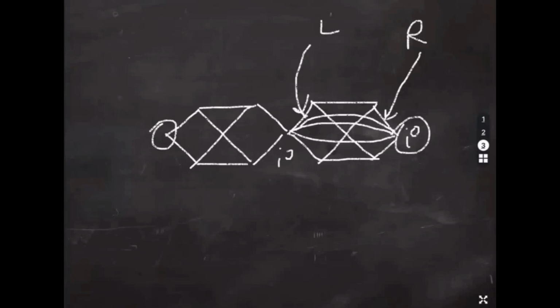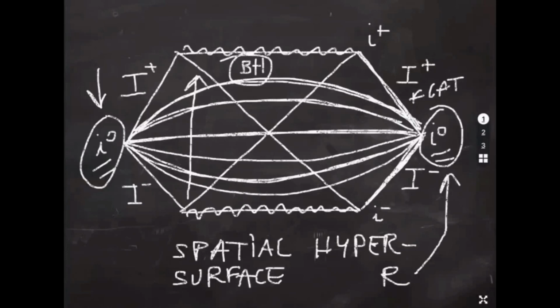And the answer is that this is not possible. In Schwarzschild spacetime, what we have here is all that there is. You cannot go beyond the singularity because this is the end of time, of actually space-time, and you cannot go further than the null infinity I plus and I minus surfaces.